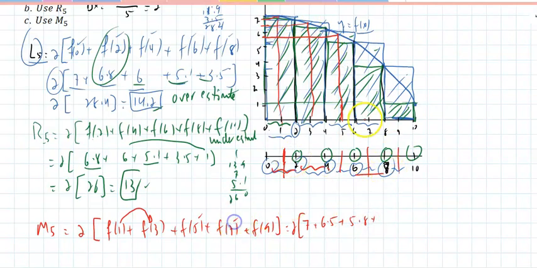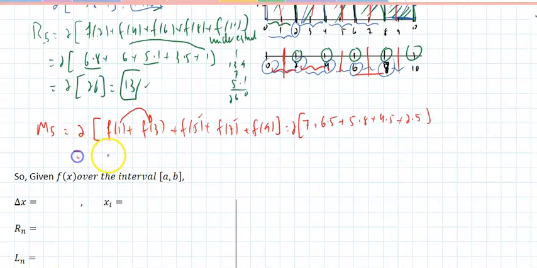If I look at f of 7, that's about 4.5. And if I look at f of 9, that looks like a 2.5, 2.4, whatever that is. And in this case, I'll say that is twice.